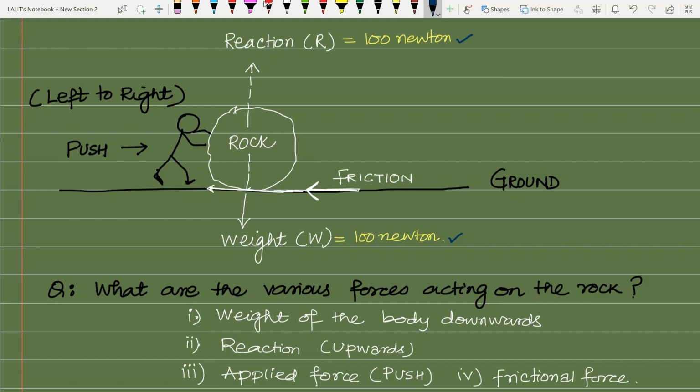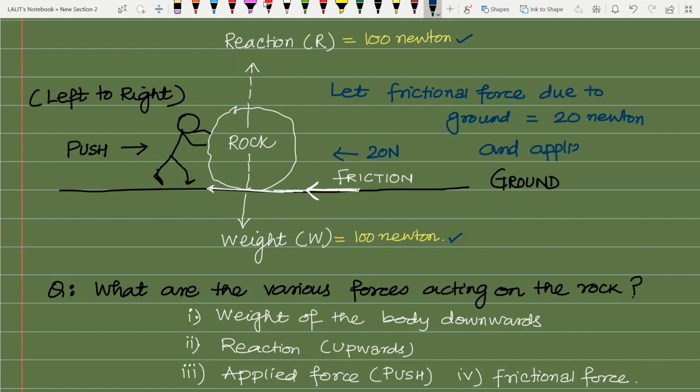But let us say the frictional force due to the ground is 20 Newton, and the applied force is also 20 Newton. Now what do you expect under this condition?